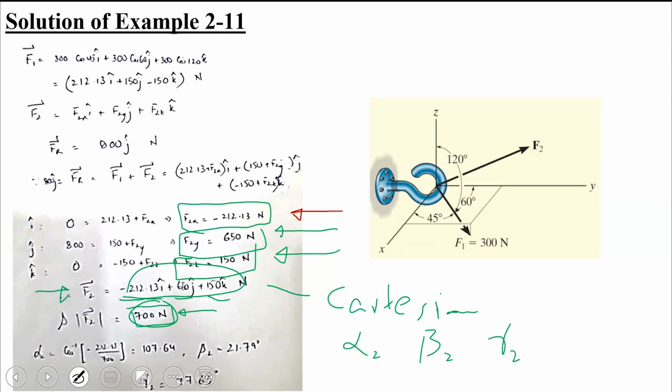So alpha 2 should be equal to cos inverse of minus 212.13 over 700. इसी तरह beta 2 should be equal to cos inverse of 650 over 700 and gamma 2 should be equal to cos inverse of 150 over 700. So this is how you can find out alpha, beta and gamma for this force F2. Is it clear to all of you? कोई क्वेश्चन जो आपका इस प्रॉब्लम से रेलेवेंट हो पूछ सकते हैं आप.